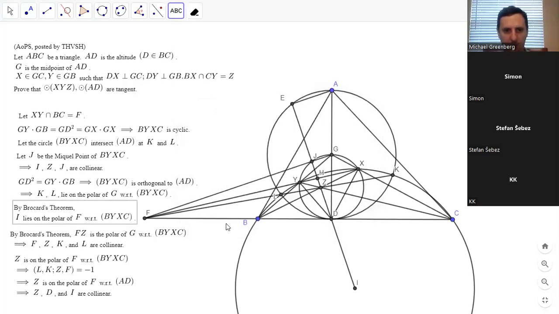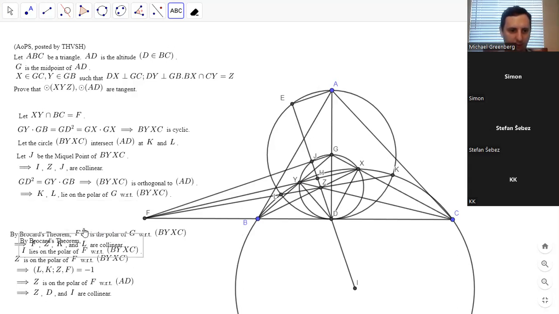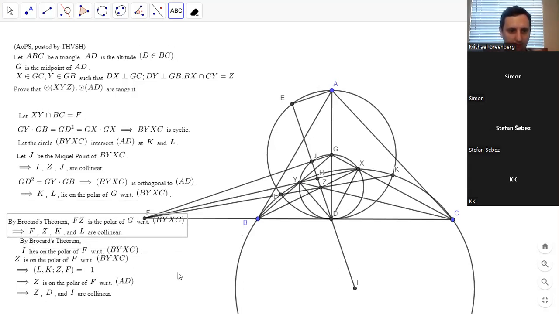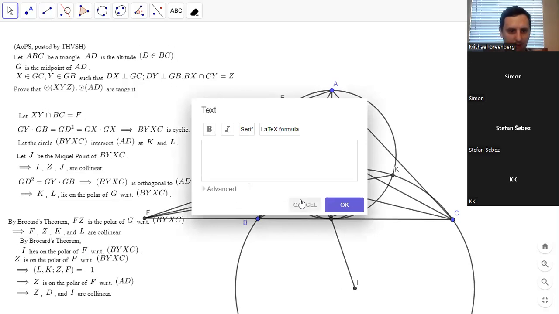Because we know I lies on the polar of F, we know D lies on it. Wait, now I'm getting confused. Oh, because I is also the center of this one. Okay, so really we should switch these two around.